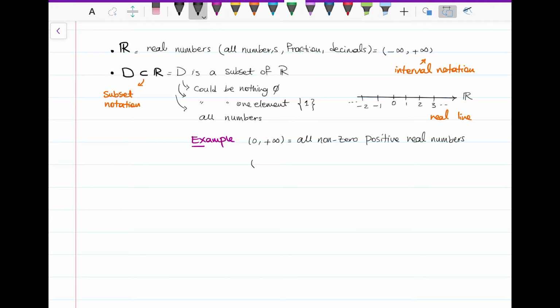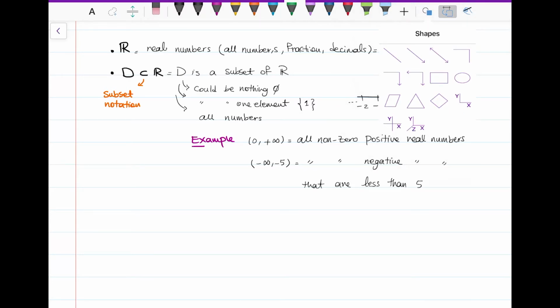Or for example, this notation, negative infinity up to negative 5. It means all non-zero negative real numbers that are less than negative 5.